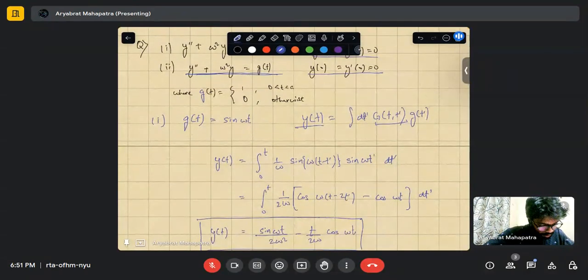So you have to put this g of t prime in this integral, and then solve it, and after solving this integral you will get your y, that is your solution for the differential equation.